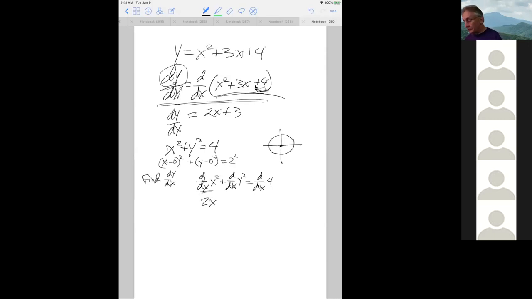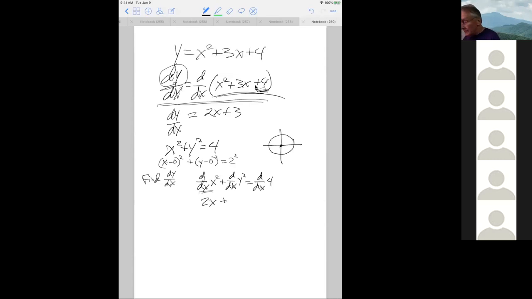So the idea is, remember, when you've got a composite function, y has x's in it, all right? Then we've got to take the derivative of the outside function and then multiply times the derivative of the inside function.